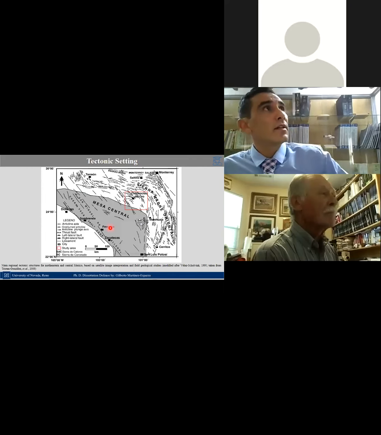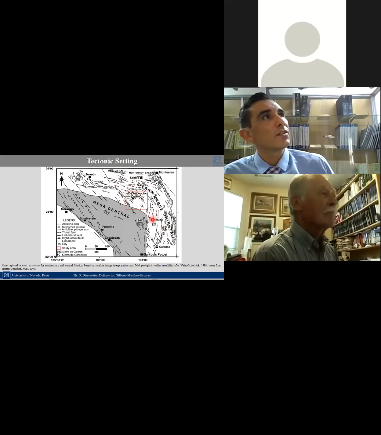so the main tectonic features are configured for those uplifted terrain, as I mentioned, and we have a series of structures northwest oriented.